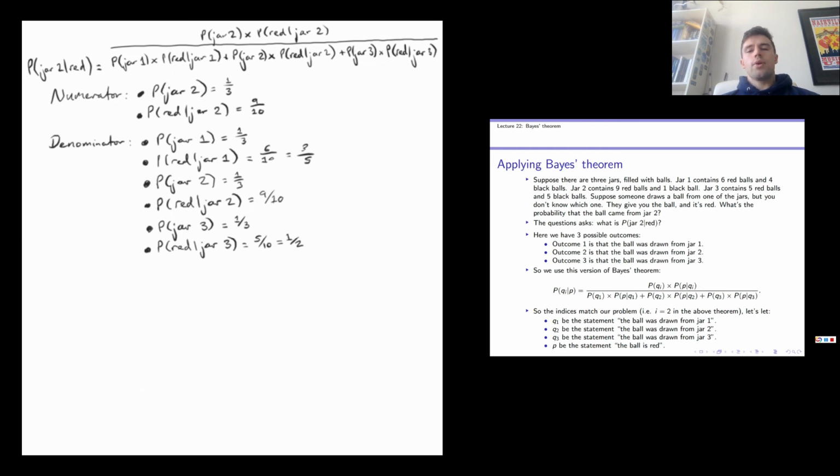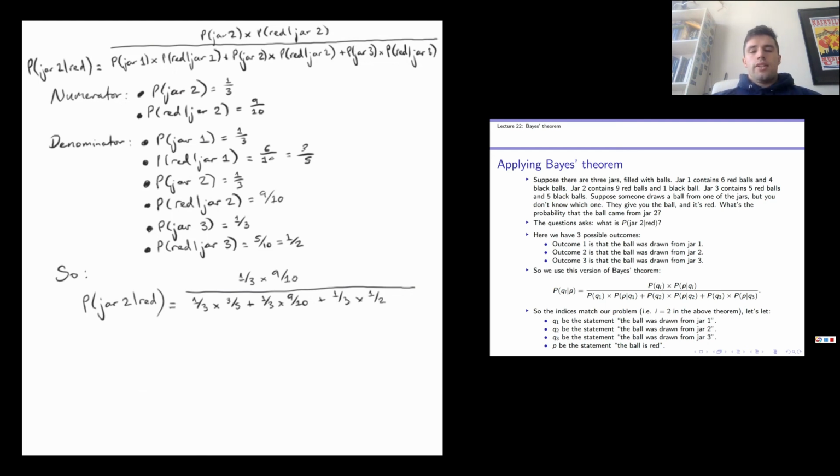Looking back at the theorem, we can substitute in everything we calculated. And doing that, we see that the probability that the ball came from jar 2, given that it's red, equals 1/3 times 9/10, all divided by 1/3 times 3/5, plus 1/3 times 9/10, plus 1/3 times 1/2.